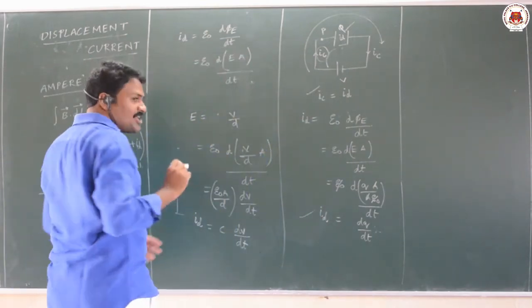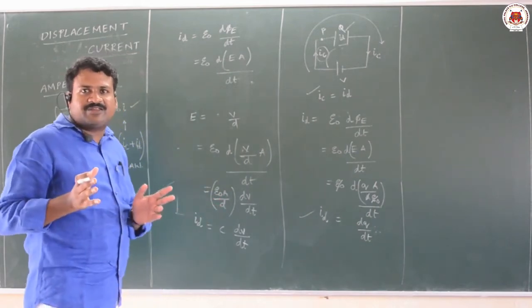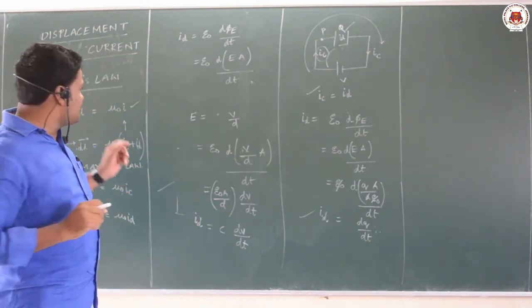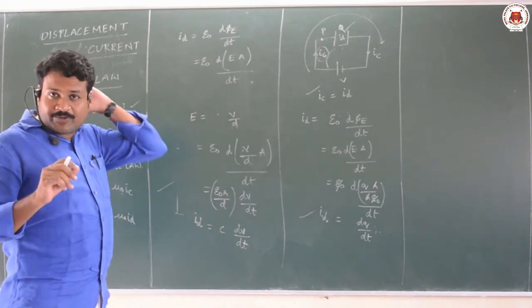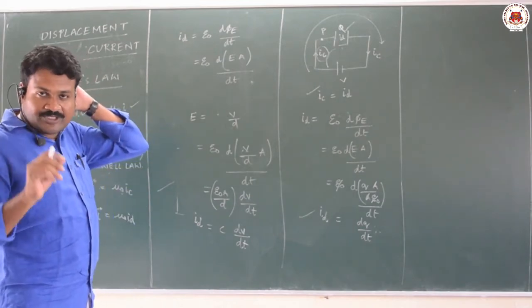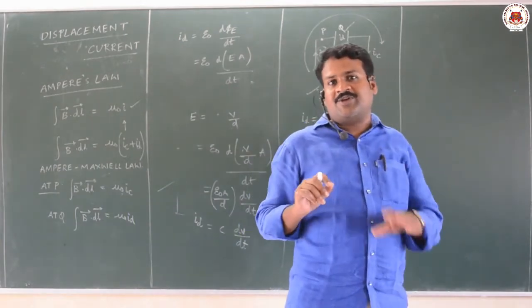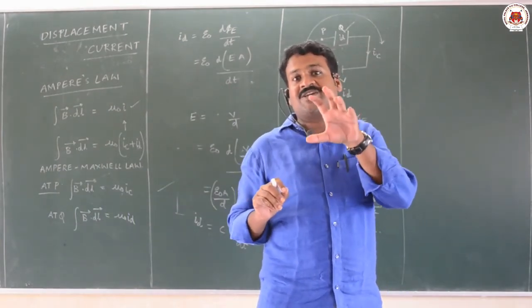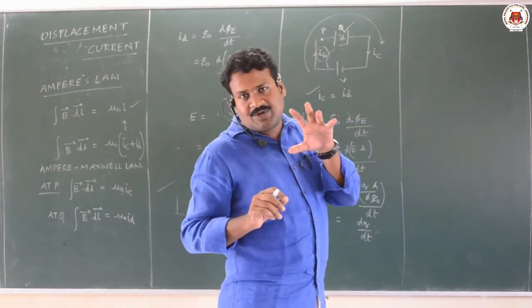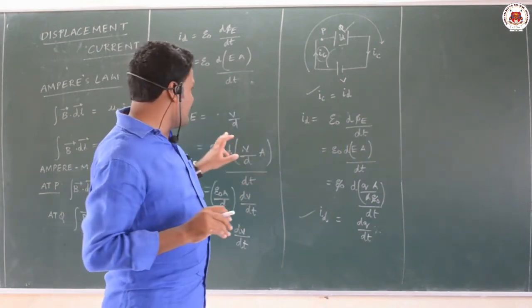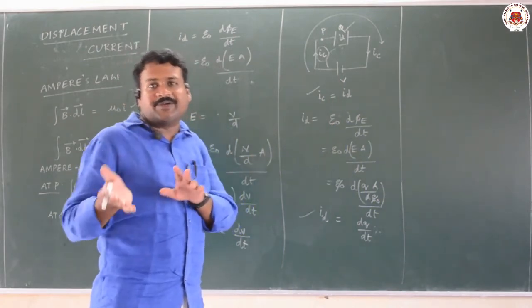It is just a correction. He is not telling that Ampere's law is totally wrong. There is some correction because it has some exceptions. Even when we did the video on Ampere's circuital law, I gave the 3 limitations which NCERT has given. If you see your NCERT textbook, there are 3 conditions under which Ampere's law can be applied.